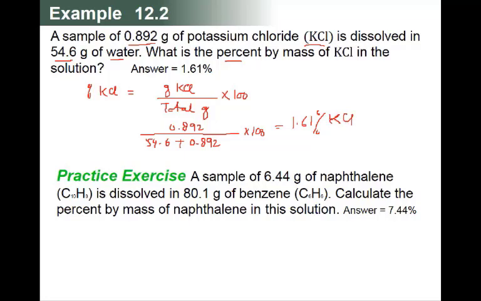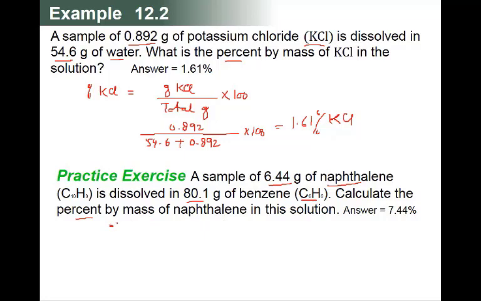Okay, the second problem is giving you 6.44 gram of naphthalene C10H8 and 80.1 gram of benzene C6H6, and asking again to calculate the percentage.